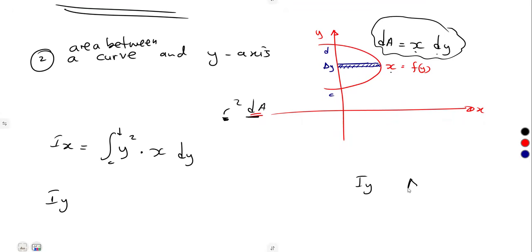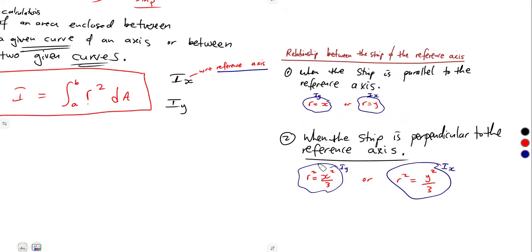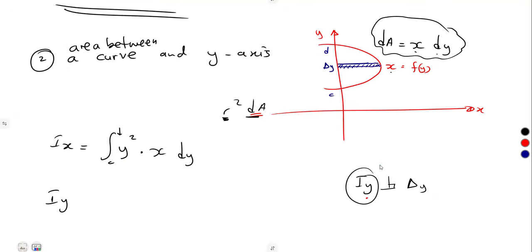So for perpendicular, r squared is x squared over 3 or y squared over 3. So here, with respect to y, r squared is equal to x squared over 3. Remember, the opposite: you take it in terms of x.